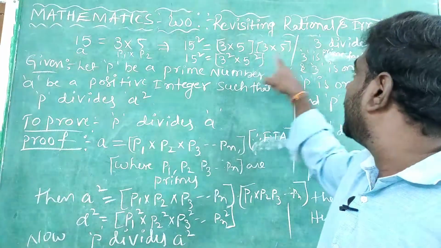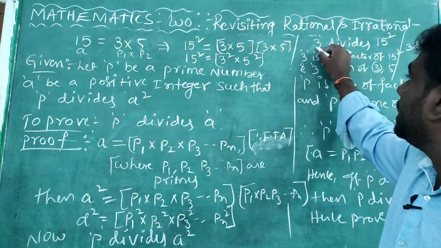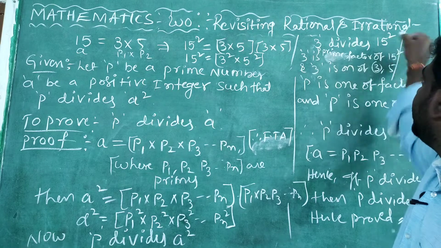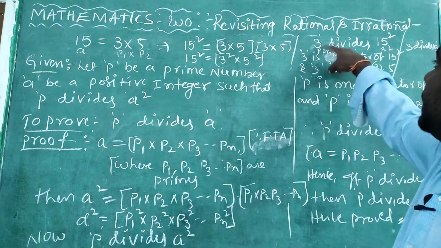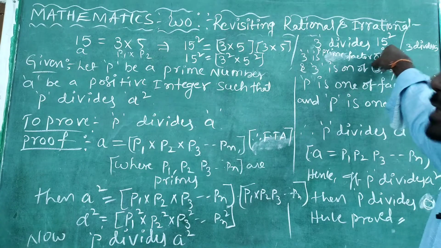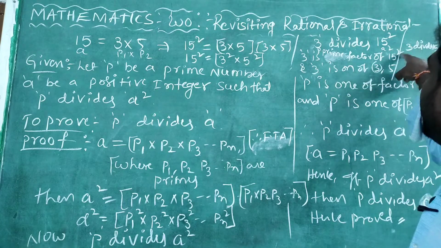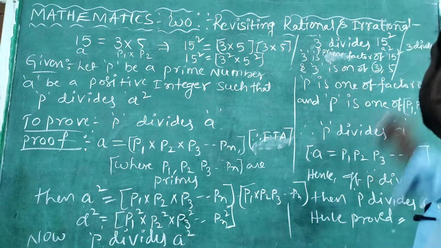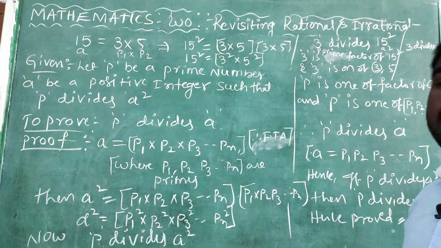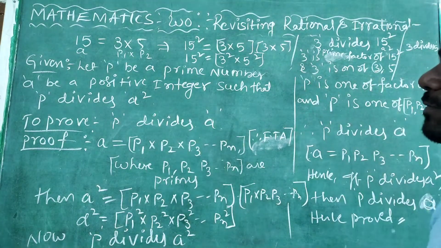Now if I take 3 as the prime number P, P divides 15 square, A square. That means 3 is a factor of 15 square as well as 3 is one of 3 and 5. Then 3 divides 15. Yes or no? Directly you can say 3 divides 15. This is the proof of the theorem.